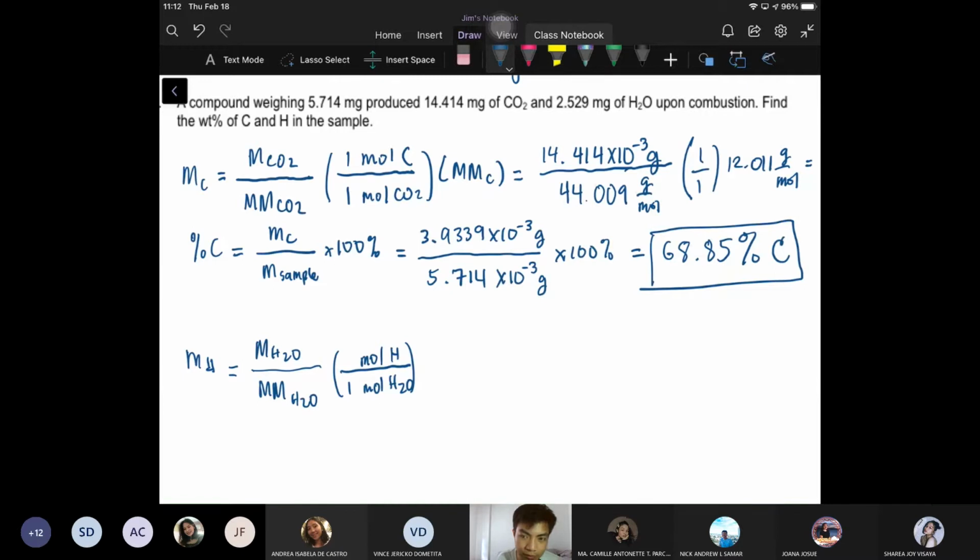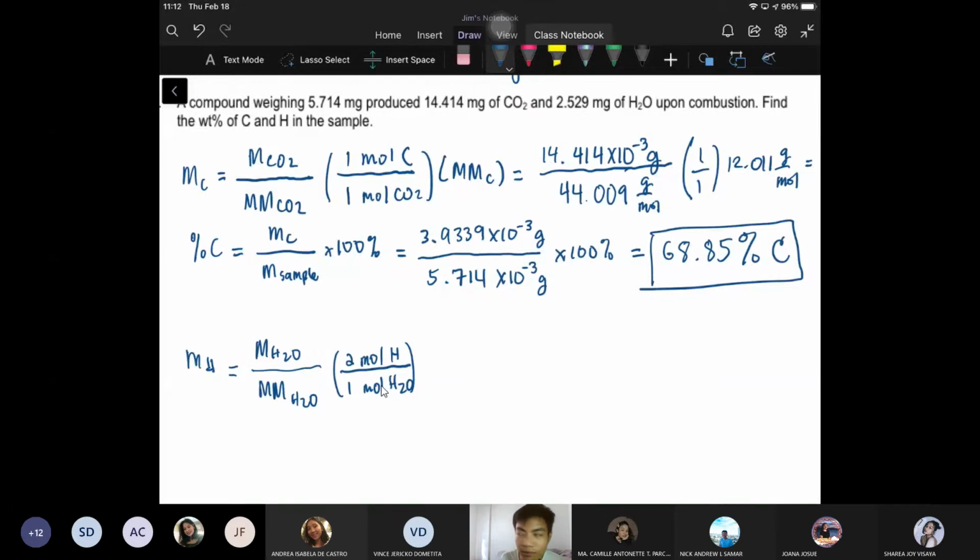For every mole of water, yes, Joanna? 2, sir. Okay, 2. Because of the subscript, no? Nasa subscript kasi na dalawang hydrogen for 1 mole of H2O. Okay, thank you. So, ganun lang. Typical stoic.